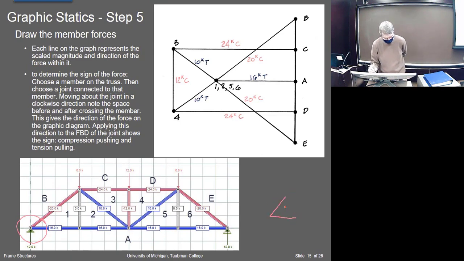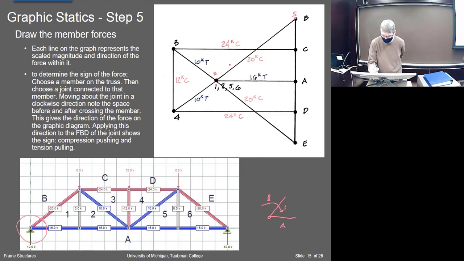Okay, this is B1, and A, right? And I think I move in a clockwise direction. So I go like this from B to 1. And then I look up here and I say, okay, here is from B, the start, to 1, the end.